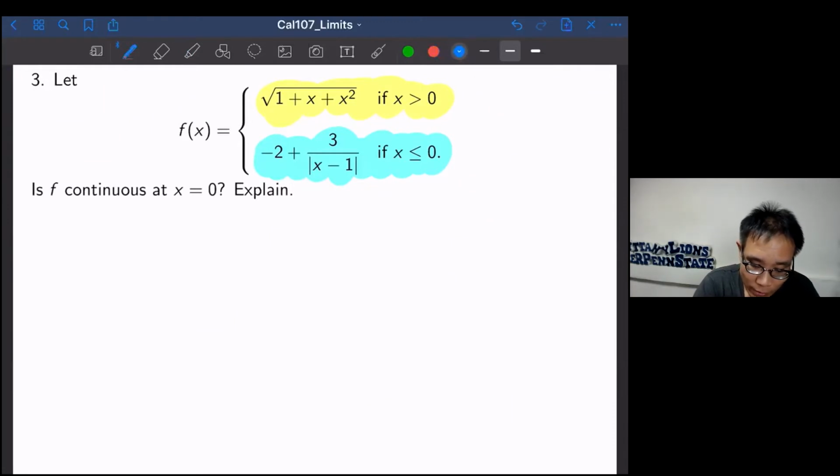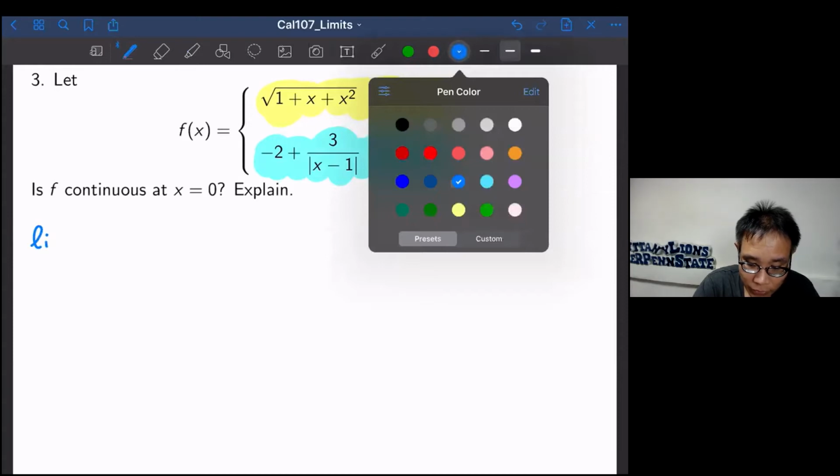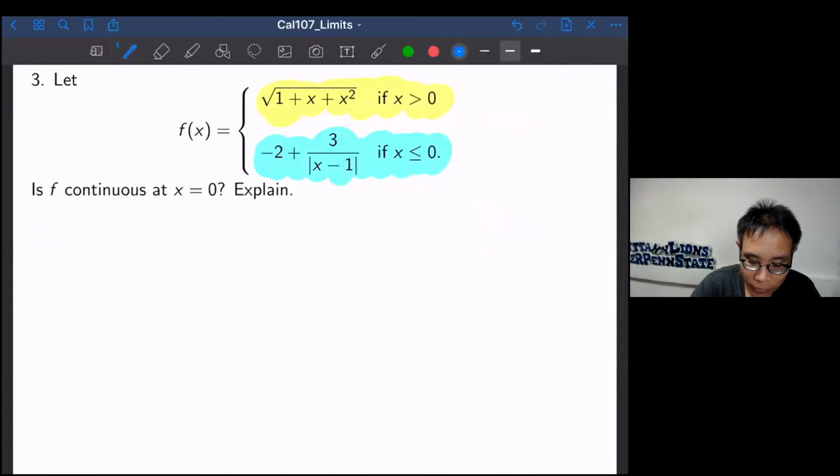So you're gonna find f(0) first. Okay, so the easiest thing would be just finding f(0) to see whether you have a hole or not. f(0), you're gonna plug into this formula.